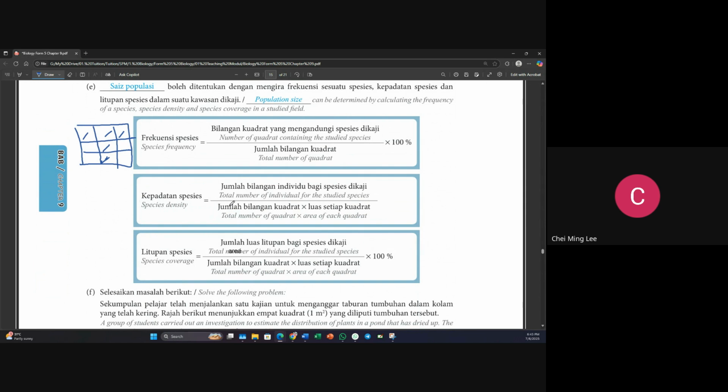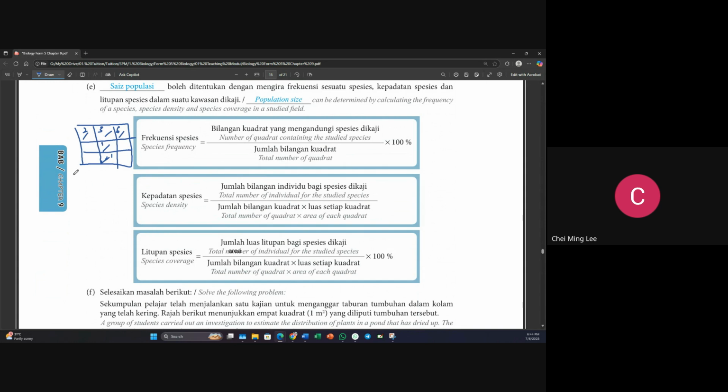Now for species density, we say the total number of individuals for the study species divided by the total number of quadrants times the area of each quadrant. So let's say inside the quadrants we have 2, 3, 1, 1, 6.